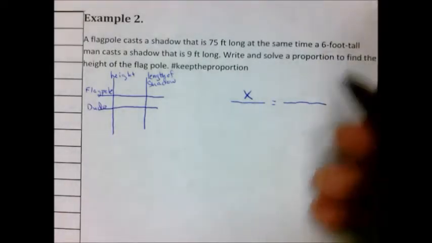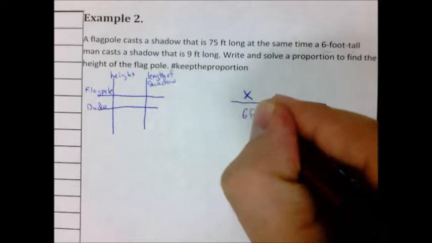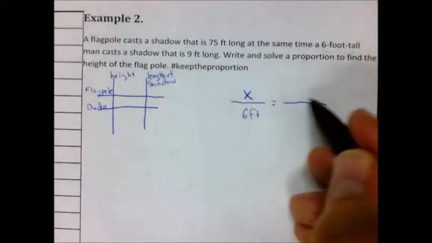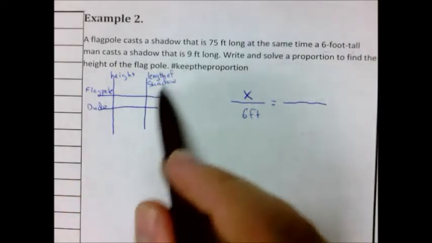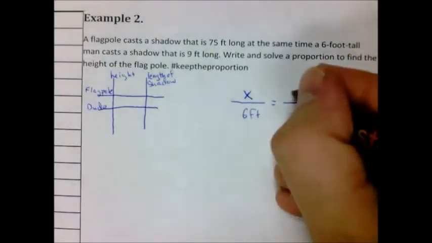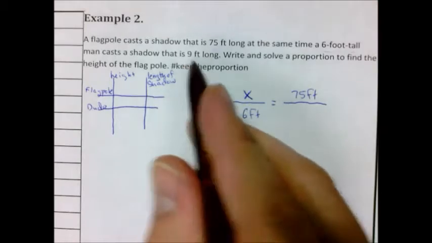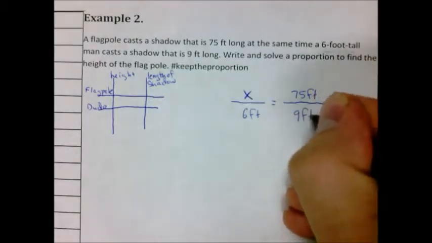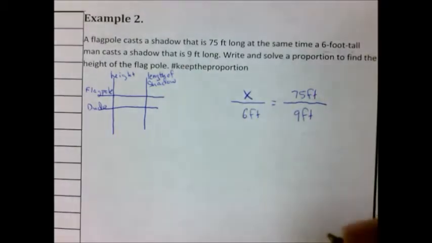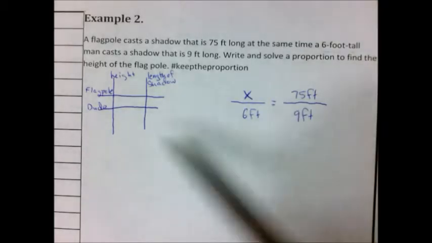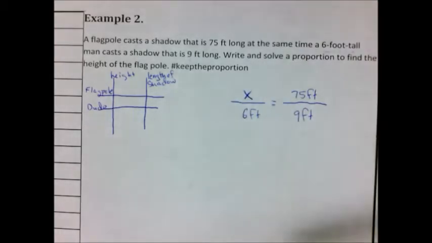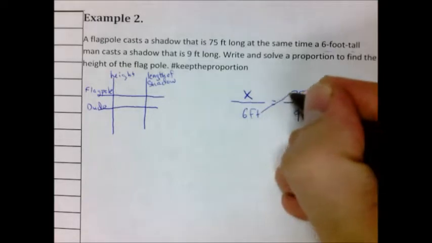We know he's 6 feet tall. So this is going to be 6 feet down here. Is equal to the flagpole's length of shadow, which is 75 feet long, and the dude's length of shadow is 9 feet long. So we've now created our proportion here using our hashtag keep the proportion, right?